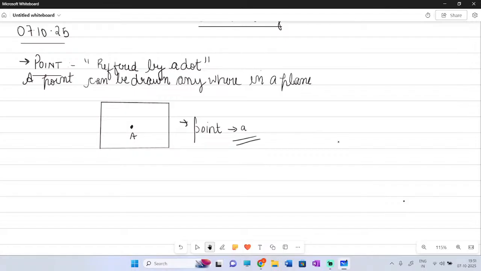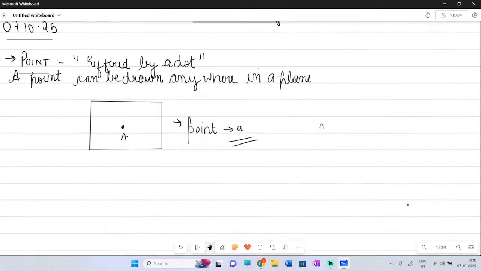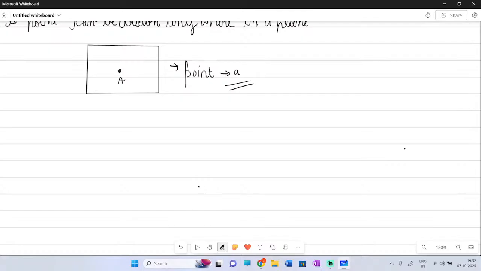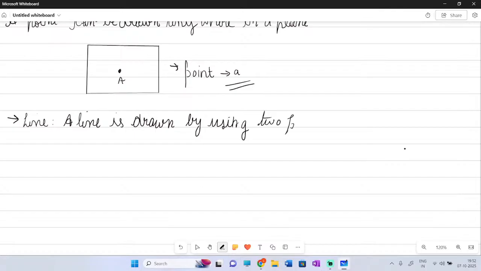Now line. Very prominent thing, you have heard it everywhere. A line is drawn using two points. It can be indefinitely or infinitely extended.